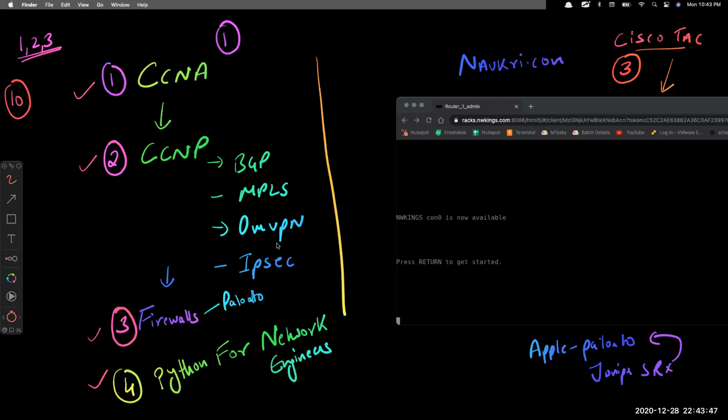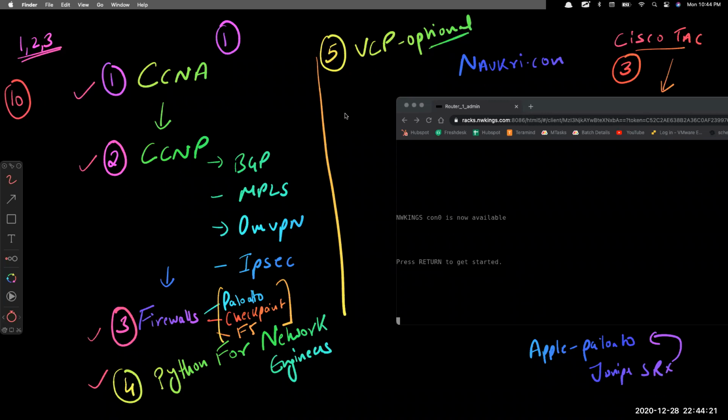Firewalls like Palo Alto, Checkpoint, and there is one device called the F5 load balancer. Once you complete this, you can go with cloud technologies. I would recommend as the fifth point VMware VCP, to understand virtualization. It's optional, if you want to learn, because then you will understand virtualization.